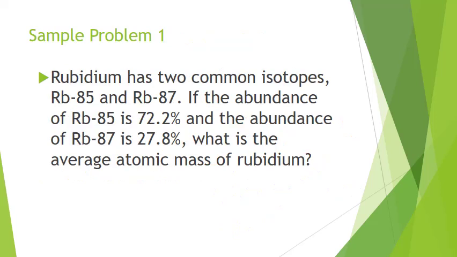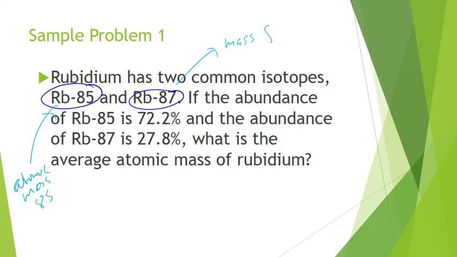So here's an example. Rubidium has two common isotopes, Rb85 and Rb87. Remember, these are the isotopes. That means Rb85 has an atomic mass of 85, and Rb87 has a mass of 87.